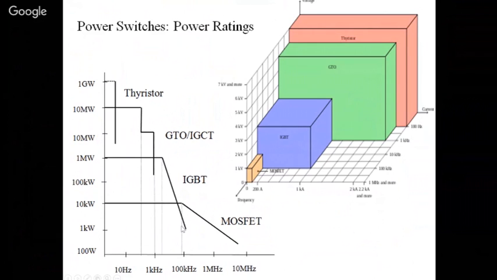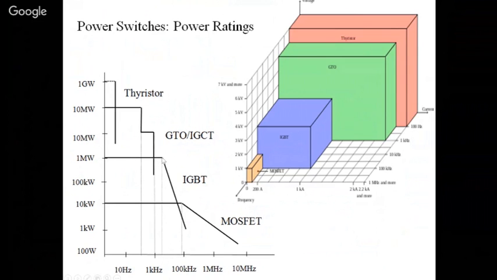If you feel your drive is at more than 10 kilowatt, say in a generating station or somewhere, then you can go for IGBT. Up to 1 megawatt, you can go for IGBT. But the IGBT frequency is limited to around 100 kilohertz, or you can say around 10 kilohertz.